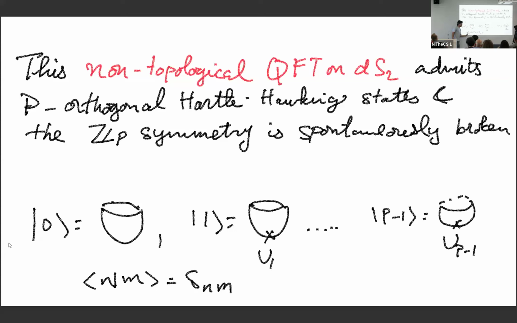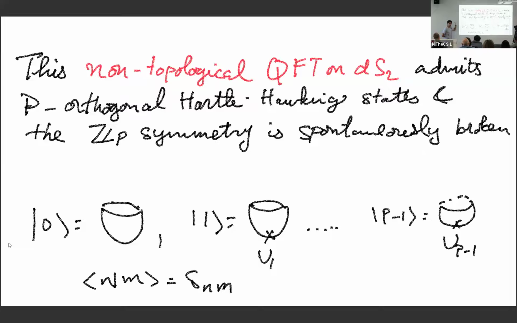They're all orthogonal, they're all de Sitter invariant, and they all have the same energy, although energy is not the right term. They're all equivalently de Sitter invariant. That's the important thing. So here we have a UV model. I didn't have to make any approximations, where we can conclude that, again, the ZP symmetry is spontaneously broken.